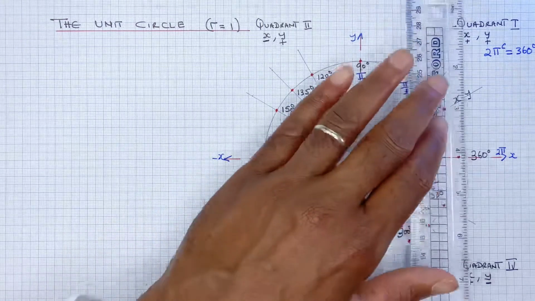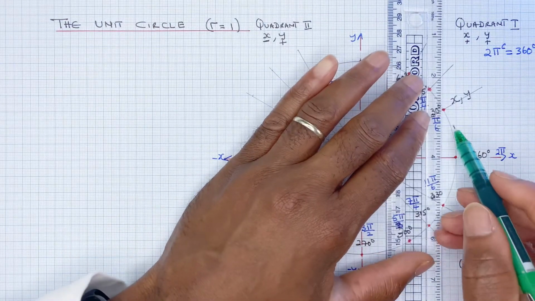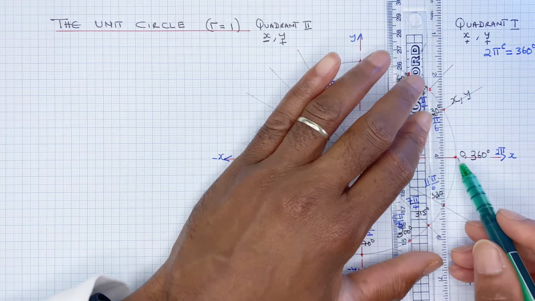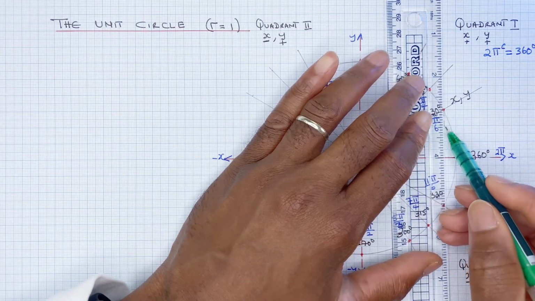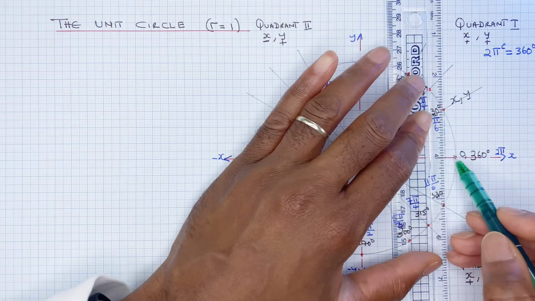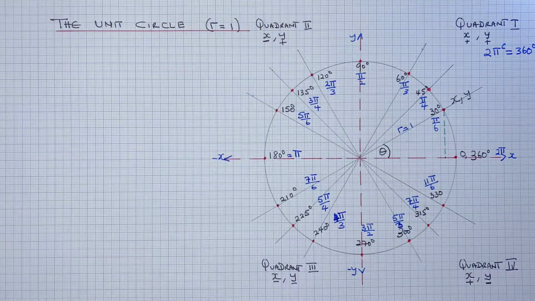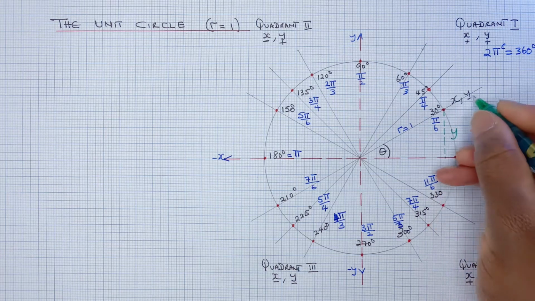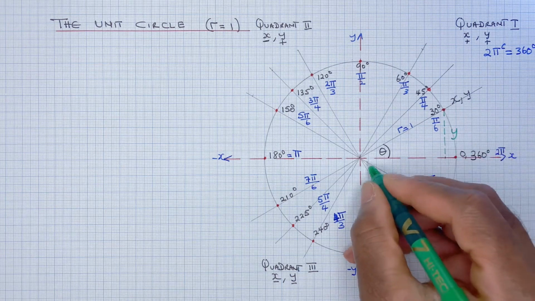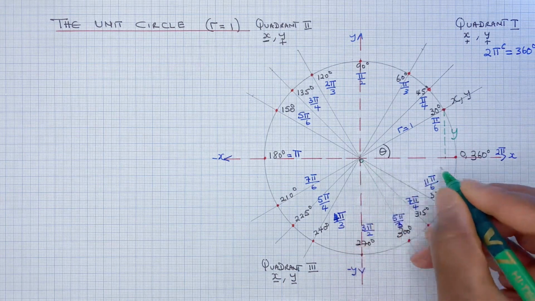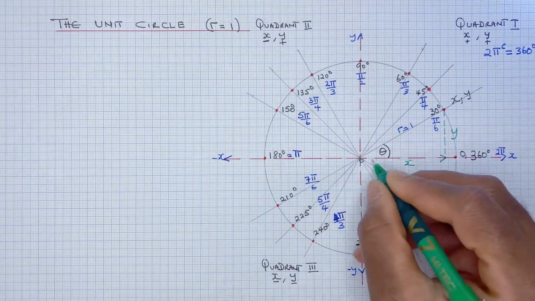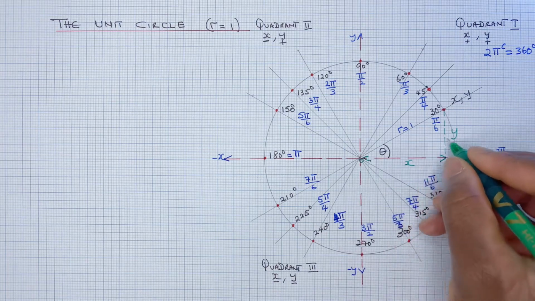Okay, so now if I get the coordinates down, the coordinate here, if I trace that line to the x-axis, you can see this height here is y, and the distance from the 0 here to there is x. So that's x, and this is y.